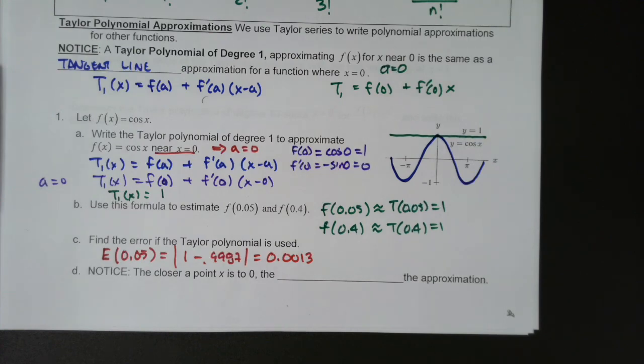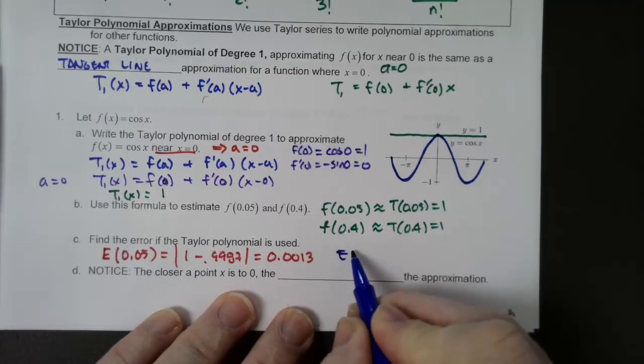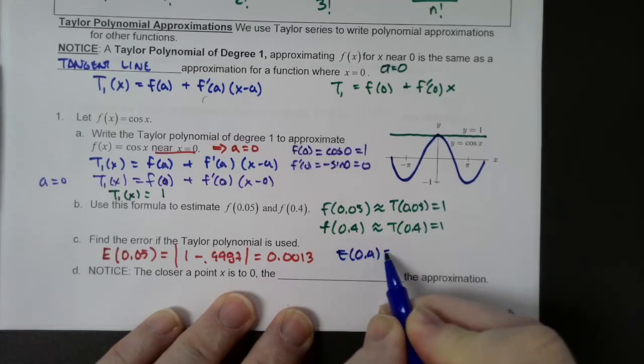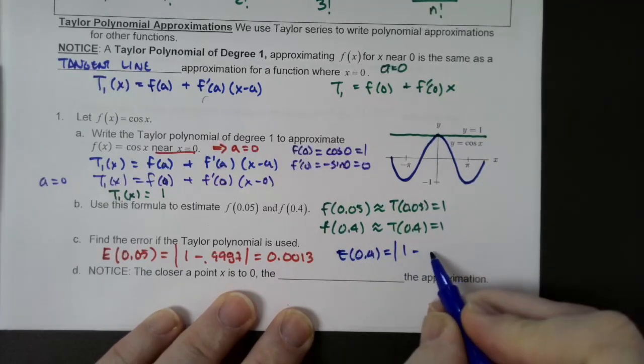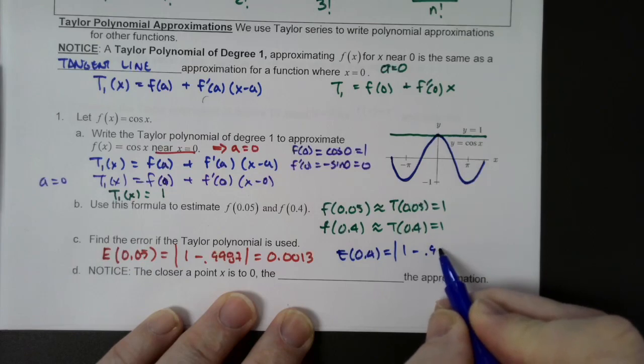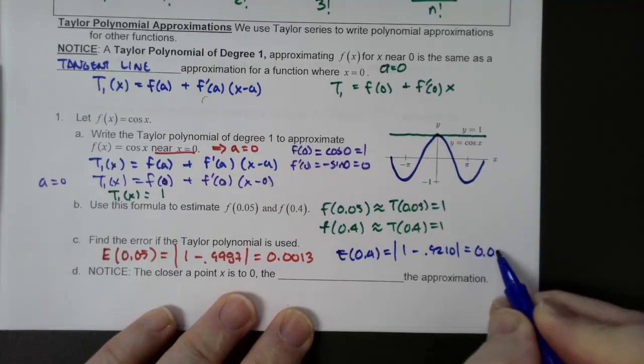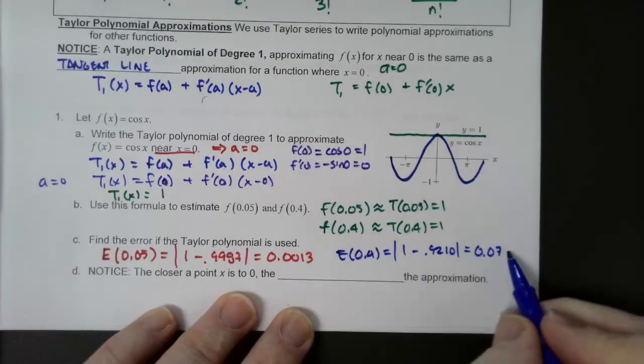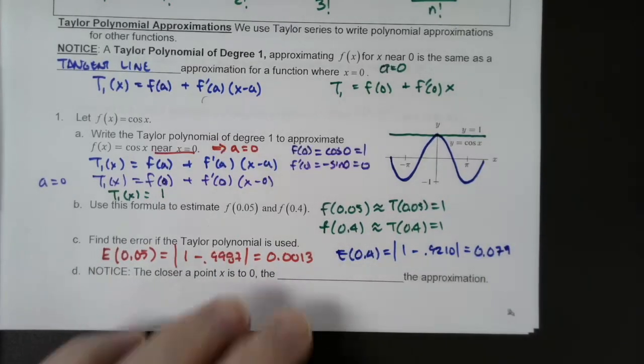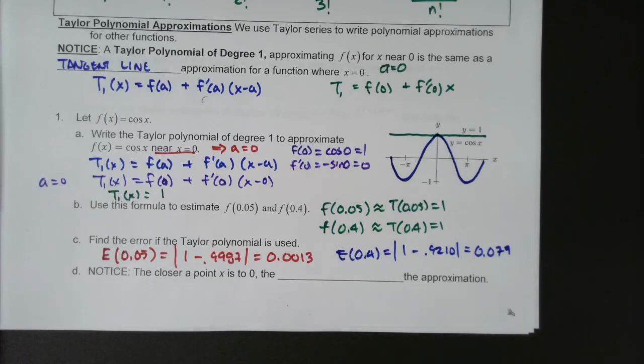Now, as we go a little bit further to the right, the error at 0.4 will be 1 minus 0.9210, or an error of 0.079. Okay. 7 to 9 hundredths still is pretty close. But there was a significant difference between those.